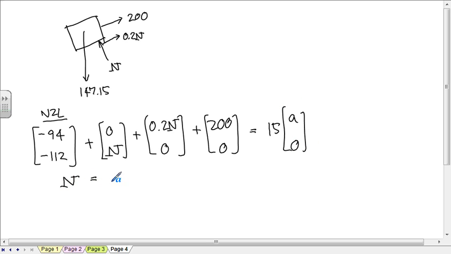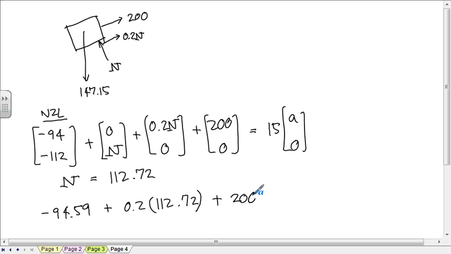So n is equal to 112. What is 112 point what? 72. And so now plug that into the x equation, and it's 94 point what? Plus 0.2 times 112.72 plus 200 is equal to 15a.